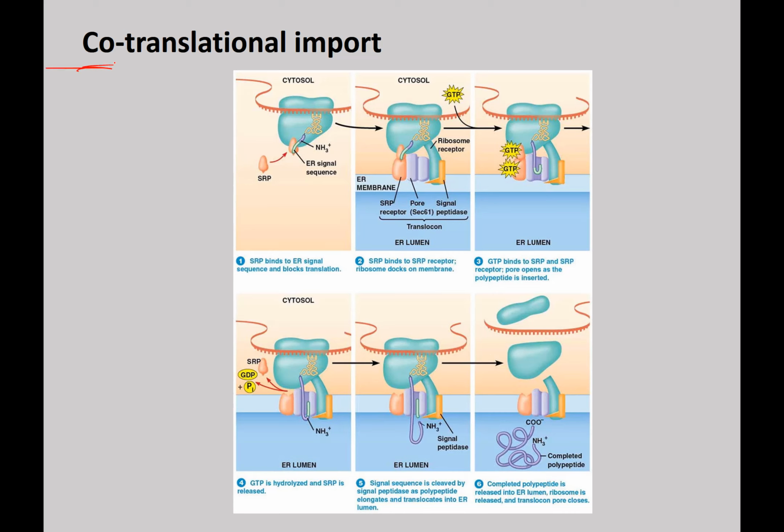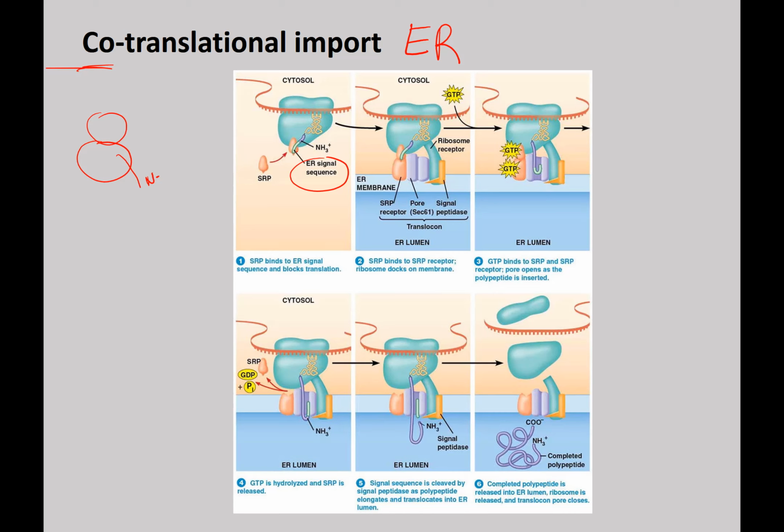Co-translational import means it's being put into the ER as it's being translated. So this is pretty cool too. These proteins have this ER signal sequence on the N-terminus. Okay, so as the protein is being translated, you remember directionality? Proteins have an N-terminus and a C-terminus, and the N-terminus is what's translated first, the C-terminus is translated last.